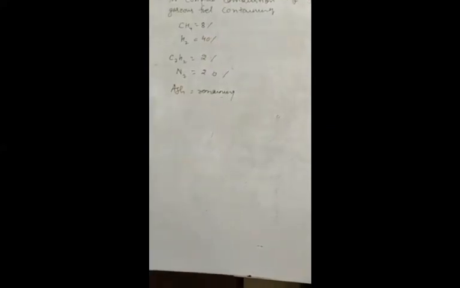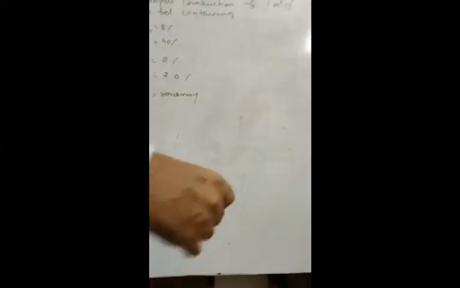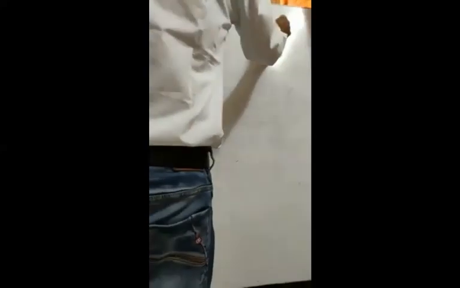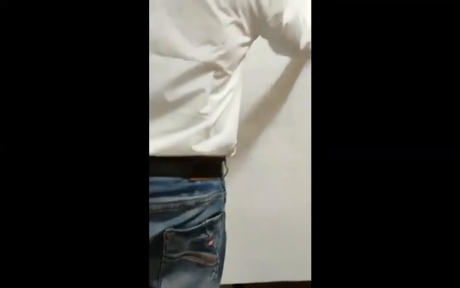So again we have a question. We want to calculate the volume of air. So for calculating the volume of air, we will calculate the volume of oxygen, and the gaseous fuel given volume is 1 meter cube for complete combustion.